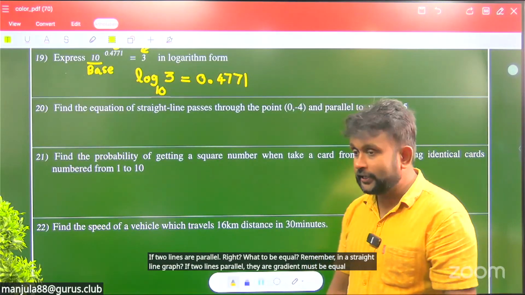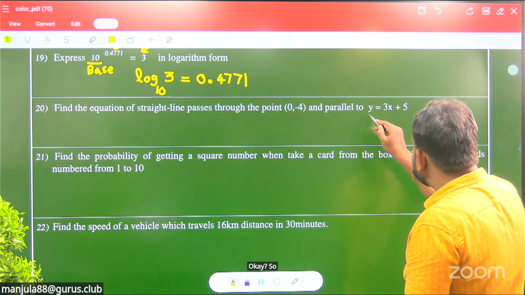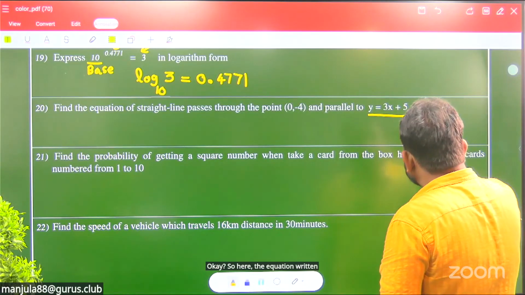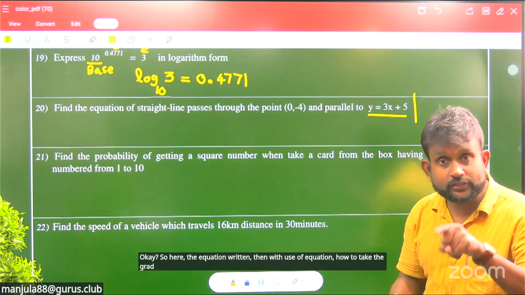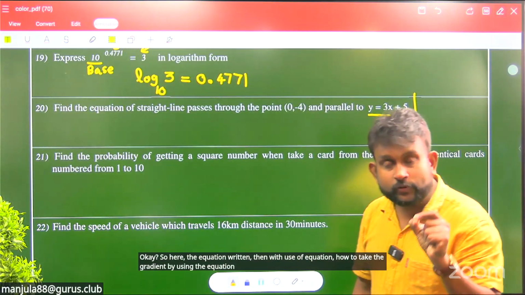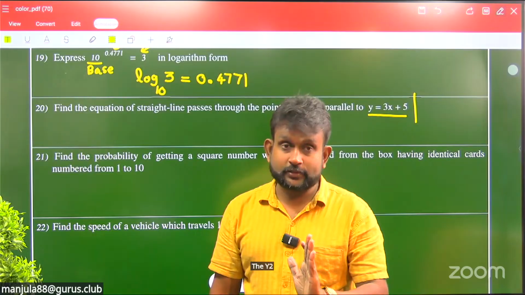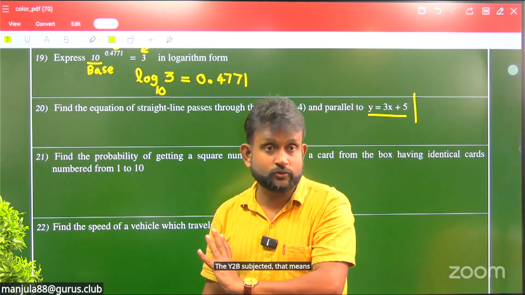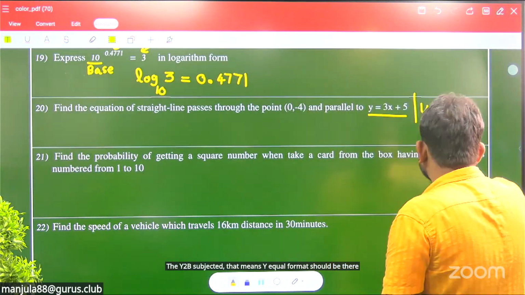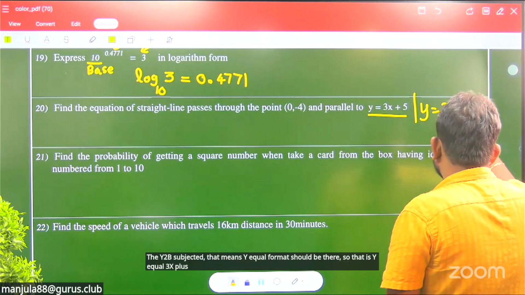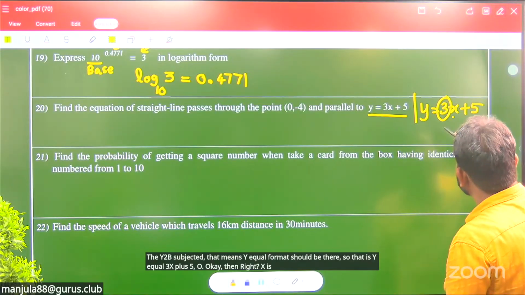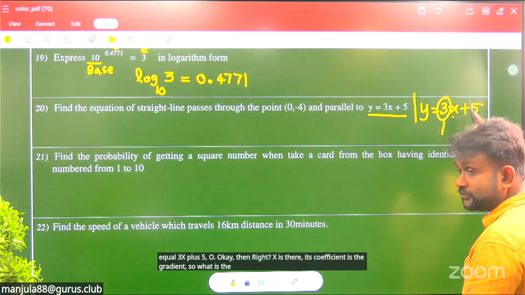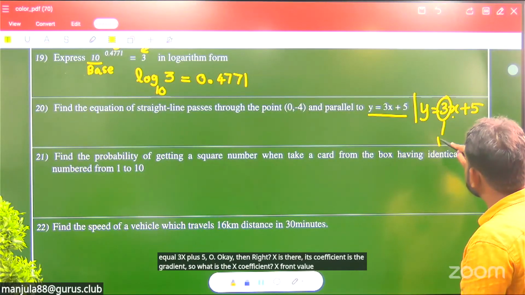Gradient. Okay. So here the equation is written. With the use of the equation, how to take the gradient? The y has to be the subject, that means y equals format should be there. So that is y equals 3x plus 5. The x coefficient is the gradient. What is the x coefficient? The value in front of x is the gradient.